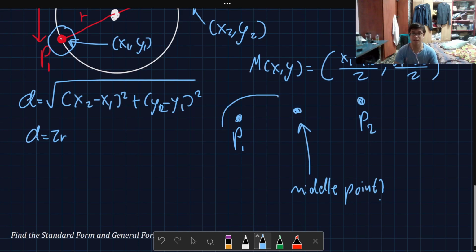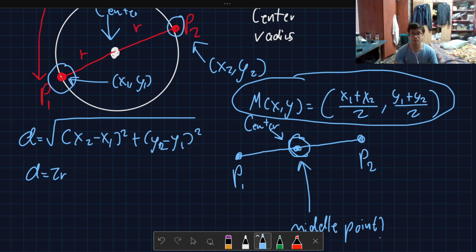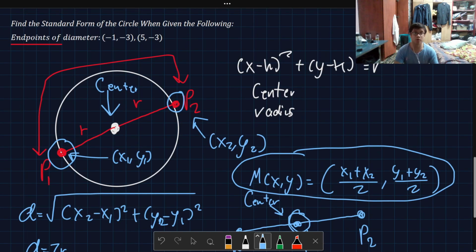So if this tells you the whole length of your diameter, the middle part of your diameter is actually your center. Therefore, for us to find the center, you need to use the midpoint formula. I hope you get the idea, because that is what we're going to do in this problem.